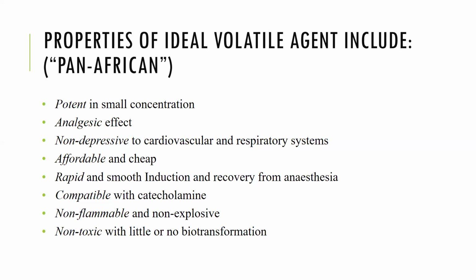It must be compatible with catecholamines like epinephrine and norepinephrine. It must be non-flammable and non-explosive. It should be non-toxic with little or no biotransformation. So if we're looking for an ideal volatile agent, let's look for those that fulfill these characteristics.